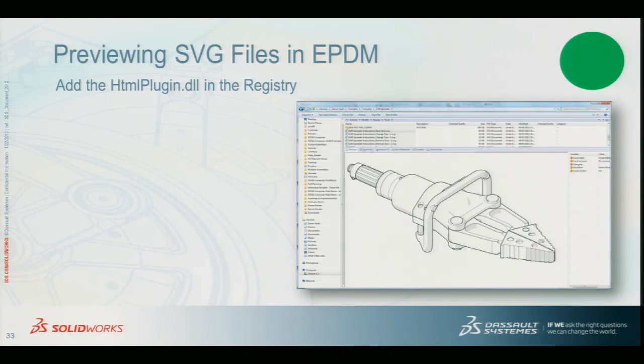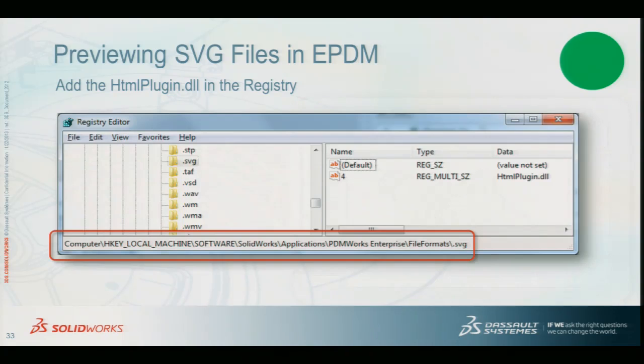So all of today's browsers support the rendering of HTML, and so the HTML plugin here for EPDM is supported, but you have to go into the registry to make that change. While I realize you can't read it, it's basically in HKEY_LOCAL_MACHINE under Software, SolidWorks, under the PDMWorks Enterprise key.